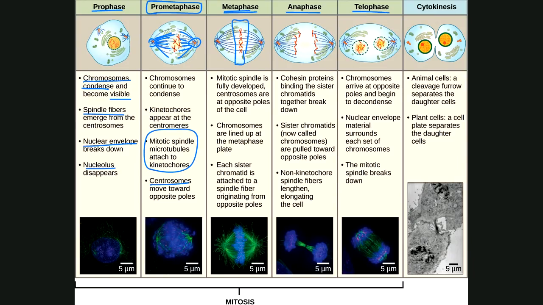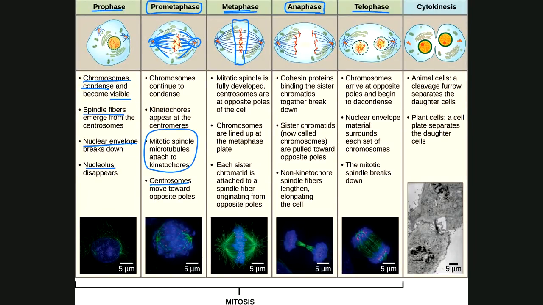All right, moving along to anaphase, this is when we see the first separation of the sister chromatids. So in metaphase, we have the chromosomes lined up in the middle. The sister chromatids are still connected at the centromere. In anaphase, the spindle fibers shorten, and with that, they're pulling apart the sister chromatids.